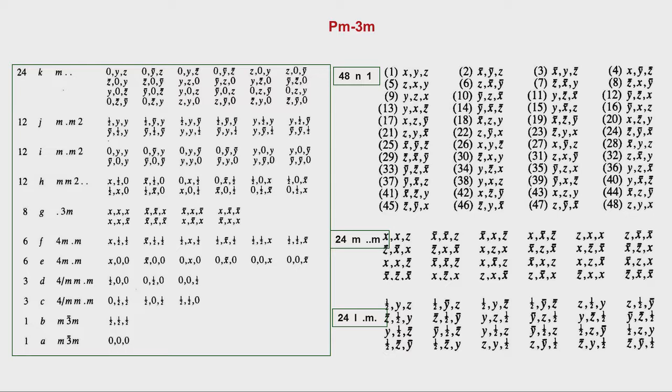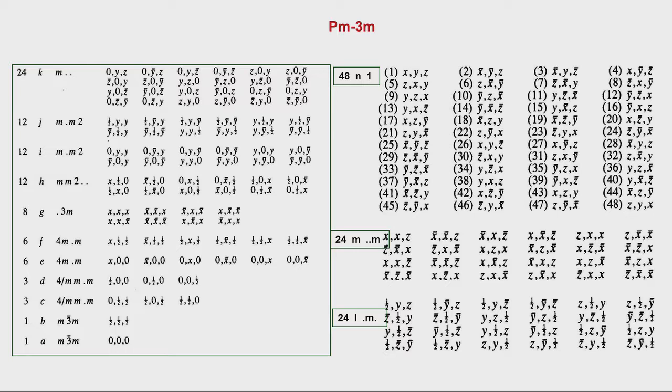Then as I mentioned earlier, if you are trying to construct a crystal using only one element, any one of these atom positions could be filled.